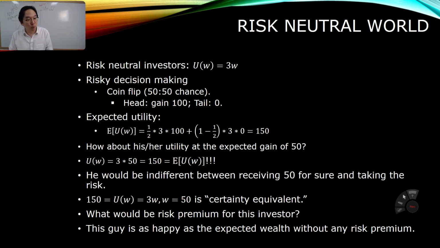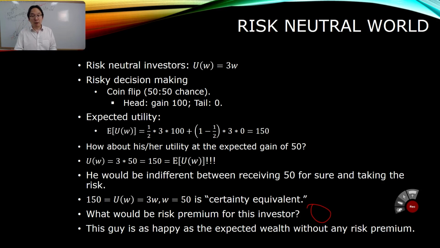And then 150 should be equal to the utility at your expected wealth, and the certainty equivalent is equal to your expected wealth in this gambling. So the risk premium should be what? Risk premium should be 0. I told you about this, 0. And this guy is as happy as the expected wealth without any risk premium, right?